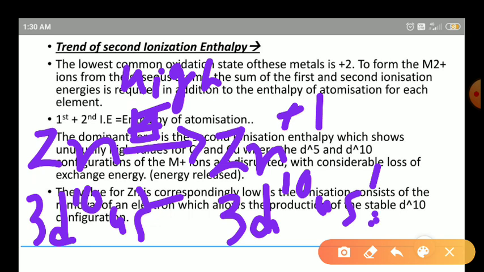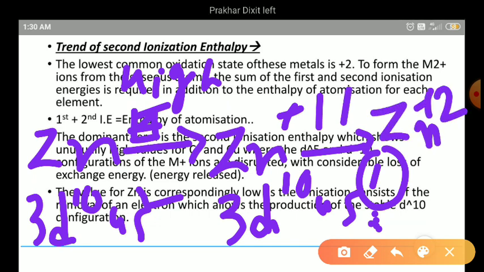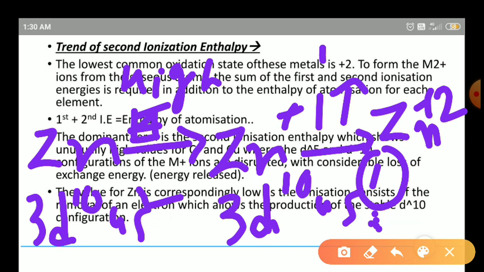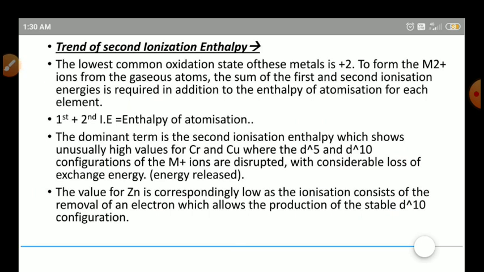The 4s1 is unstable here, so it easily releases this one electron from the s orbital and attains 4s2. So the second ionization enthalpy is less. Students, these are the exceptional cases in the second ionization enthalpy of copper, chromium and zinc.